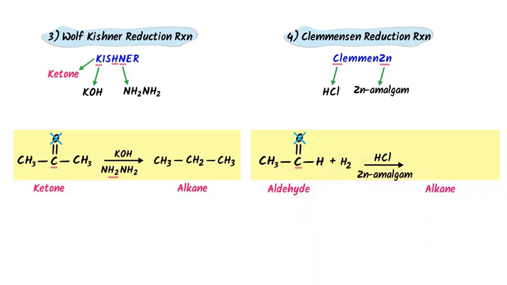As a result, I get CH3CH3. Thus, in the Clemmensen reaction, we convert aldehyde to alkane, while in the Wolff-Kishner reaction, we convert ketone to alkane. Hence, note down these two important reactions.